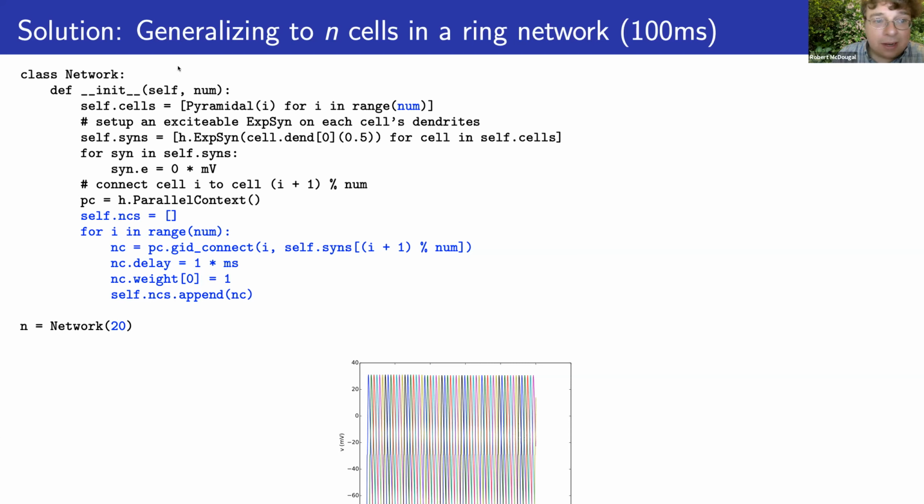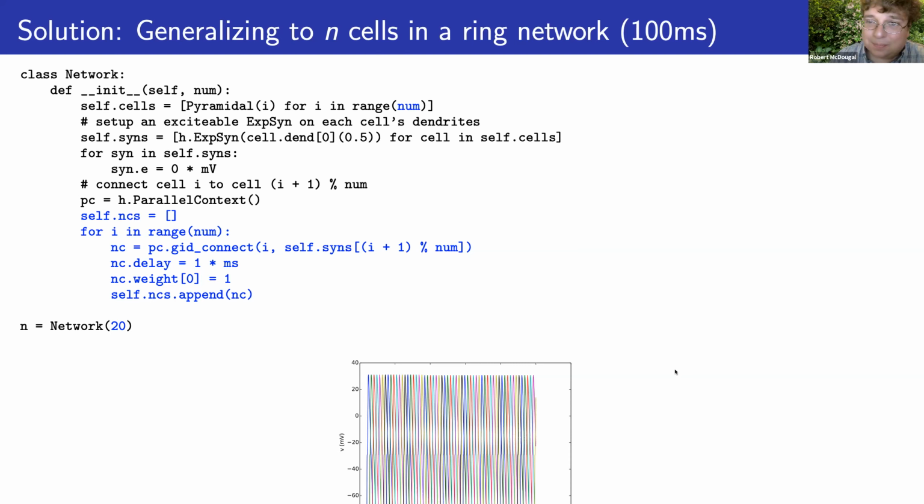So now my network is parameterized with a certain number of cells that I want. Instead of pyramidal range for i and range 2, now cells.cells is just however many cells that I want to have. I could have 2, or I could have 20. And here's what I get if I have 20 and I do the plot.